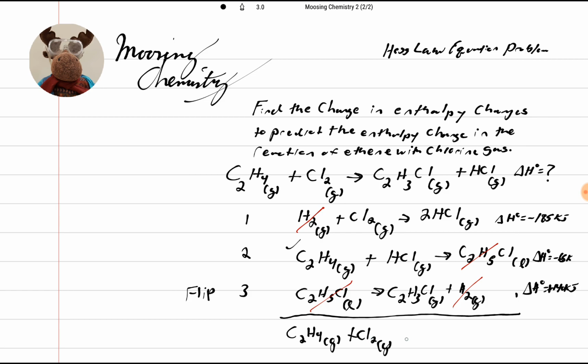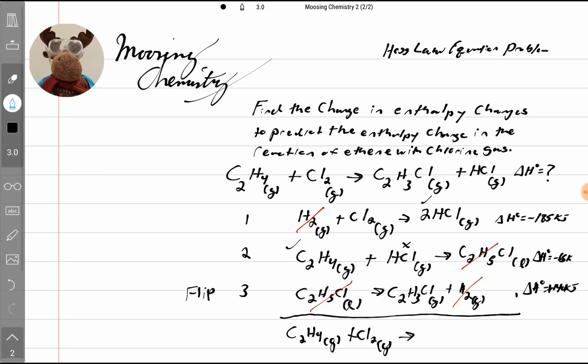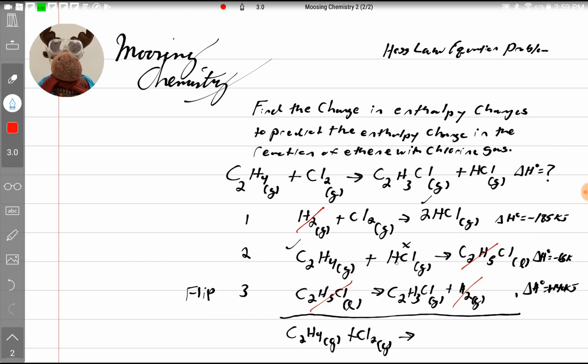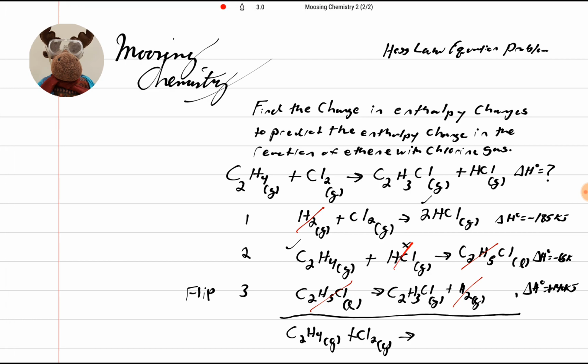Oh, look at this. We've got to get rid of that HCl right here. This HCl has got to go. Luckily, we have two of them right here, right? So let me change colors one more time. And this is the beautiful thing about Hess: you keep on working until you get it done. So that HCl is going to go, and that's going to get rid of that 2, make that a 1.